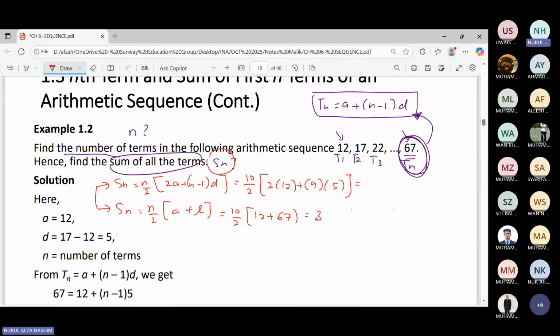So you're going to get 395. The other one also you have to get 395. It means that 24 plus 9 times 5 times 5. Hey, can I get not get the same? 9, madam, times 5 plus 24 times 5. 12 plus 67 times 5.